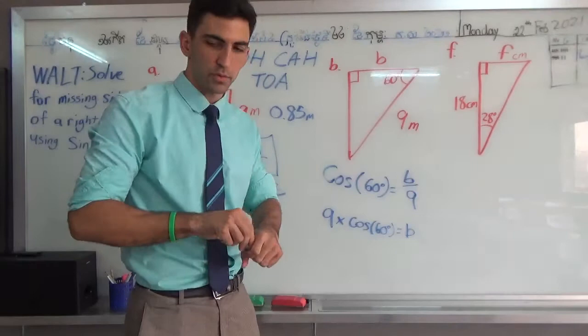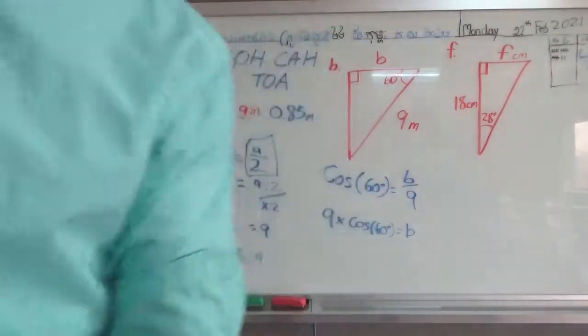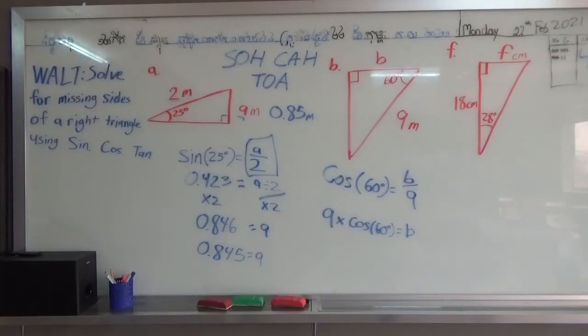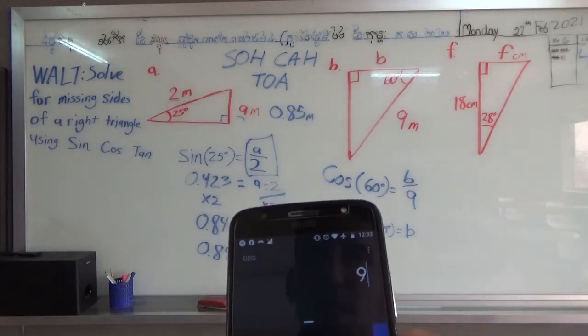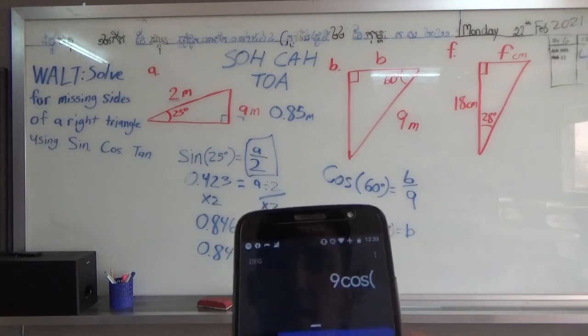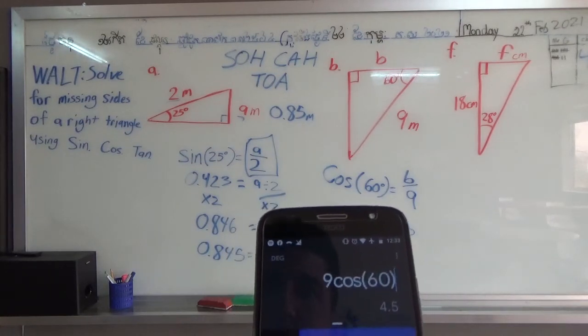So I will do it on my calculator, as this is simply faster than showing you the trig chart over and over. So I have 9 times the cosine of 60 degrees.